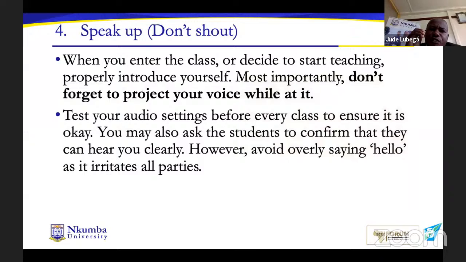You need to be able to speak out. Don't forget to tell them who you are from the beginning so that they know it is their lecturer there with them. Speak out very well so that they can hear you, because sometimes their audio is not very good.